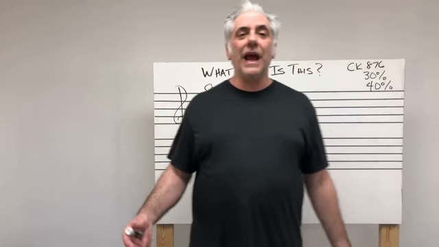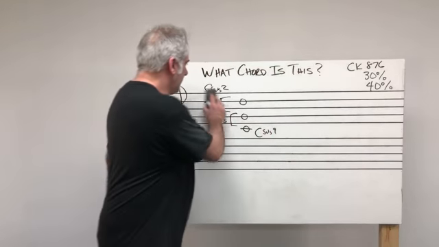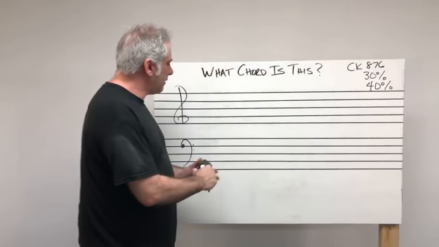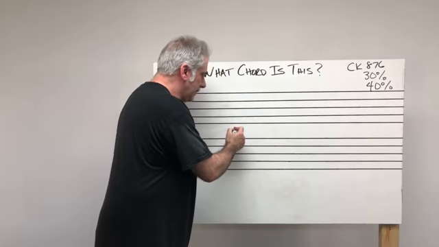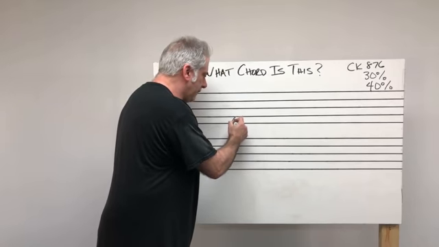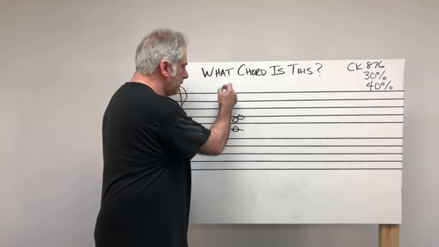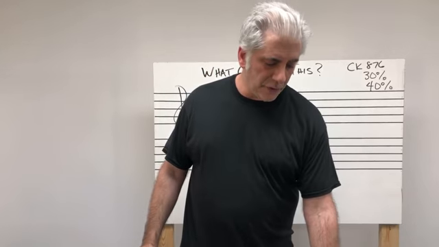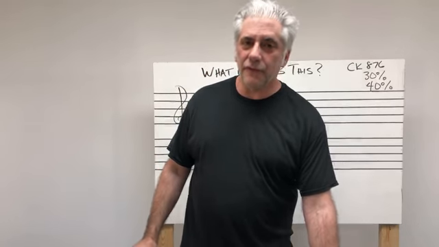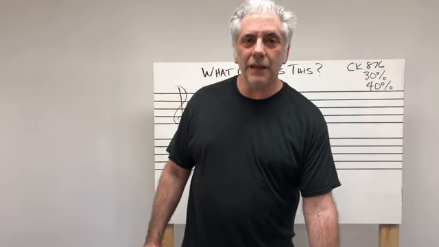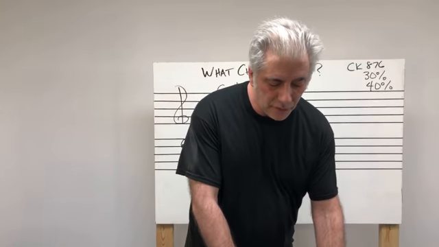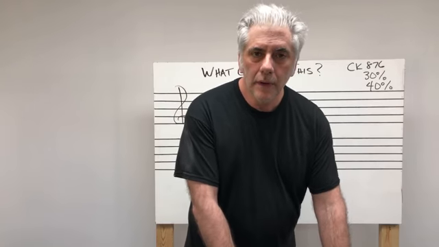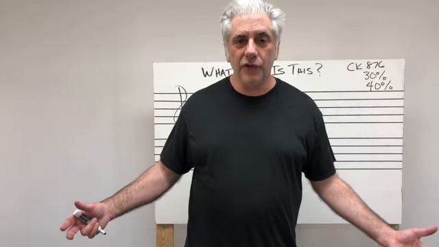Now, the same thing happens if it's a C sus 4, okay? Everybody following here? C, F, G. This is C sus 4, right? So you've got 1, 4, 5: the root, the fourth note of the scale, and the fifth note of the scale. If I take that F and move it up the octave, that would be an open sus triad.